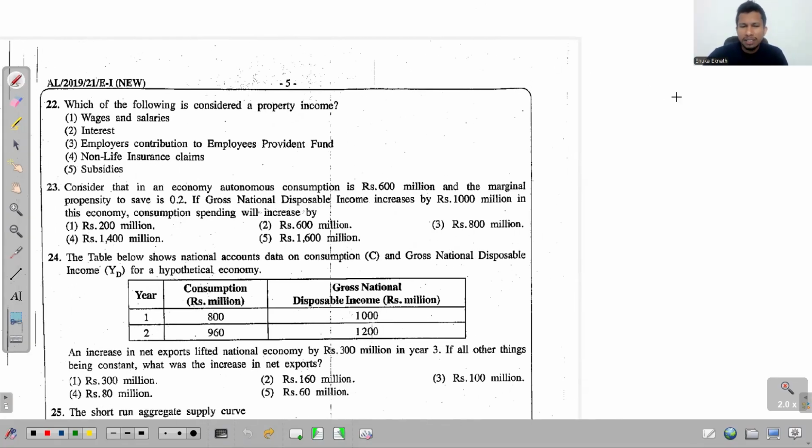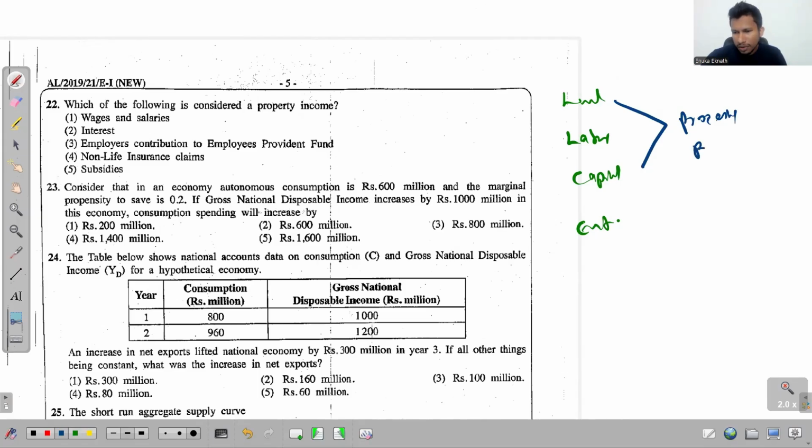It's something very basic. Hope you remember that there are 4 factors of production. The first one is land. We have then labor. The third one is capital, and the last one is entrepreneurship. So out of the 4, these 2, land and capital, how do we recognize them? We recognize them as property resources, right?